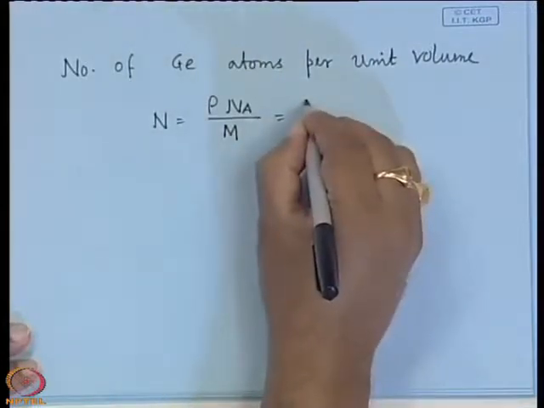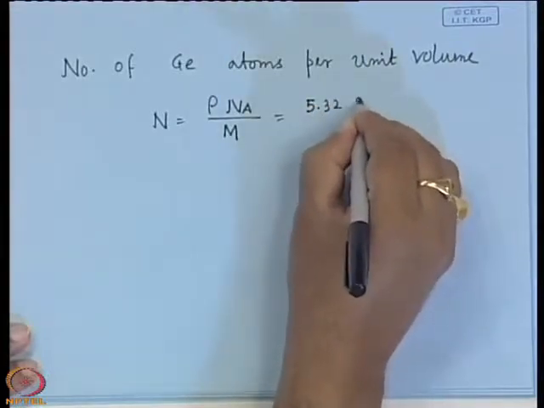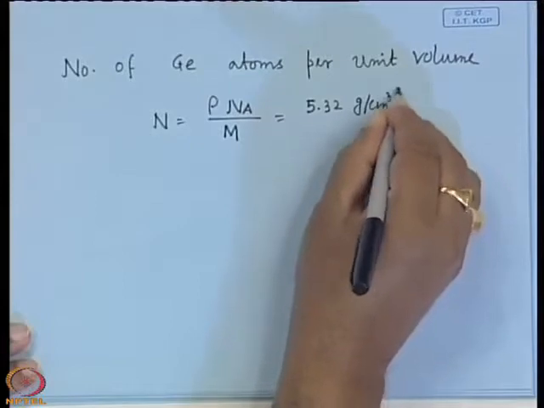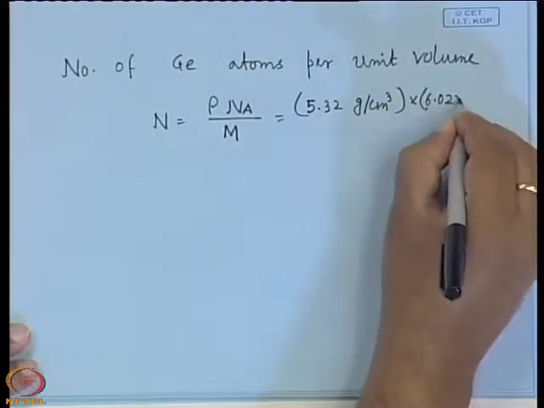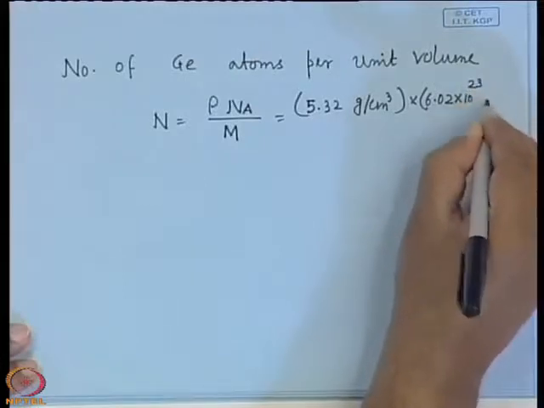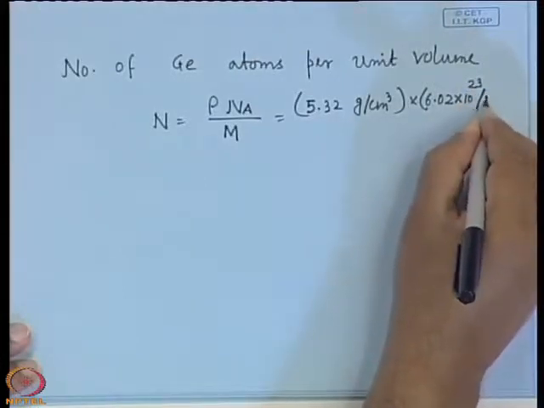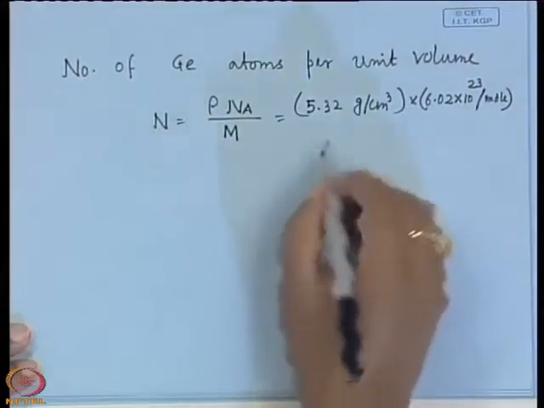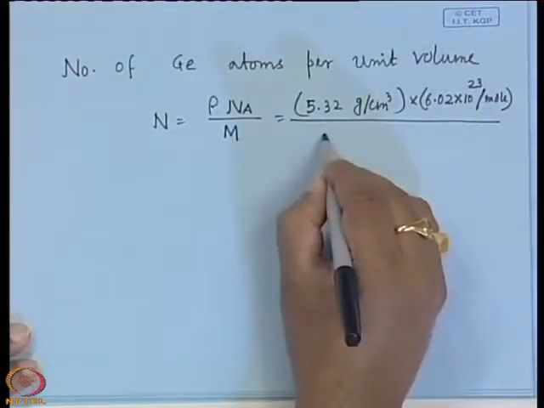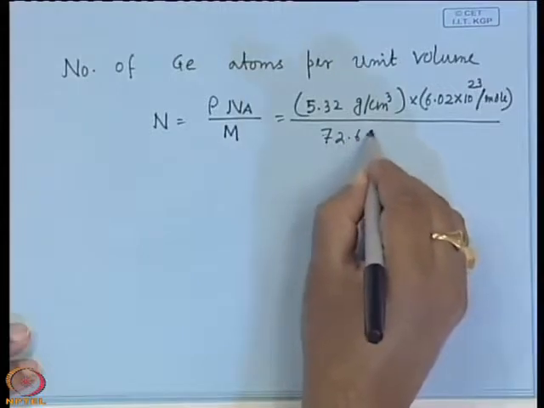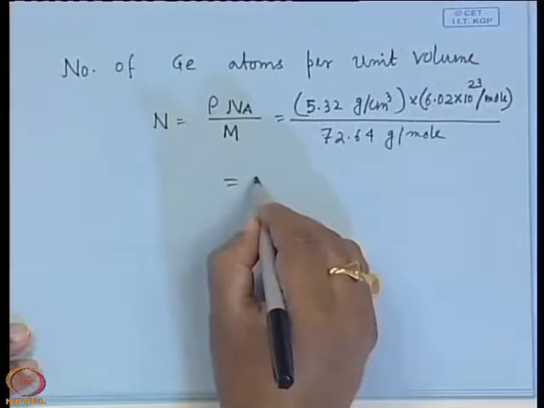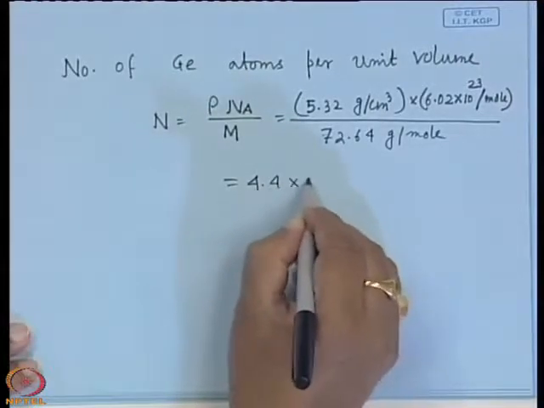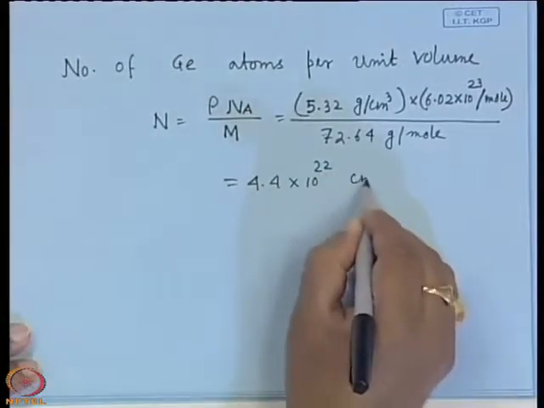Rho is 5.32 gram per centimeter cube, Na is 6.02 into 10 to the power 23 per mole, and m is 72.64 gram per mole. So, that means it is 4.4 into 10 to the power 22 centimeter cube inverse.